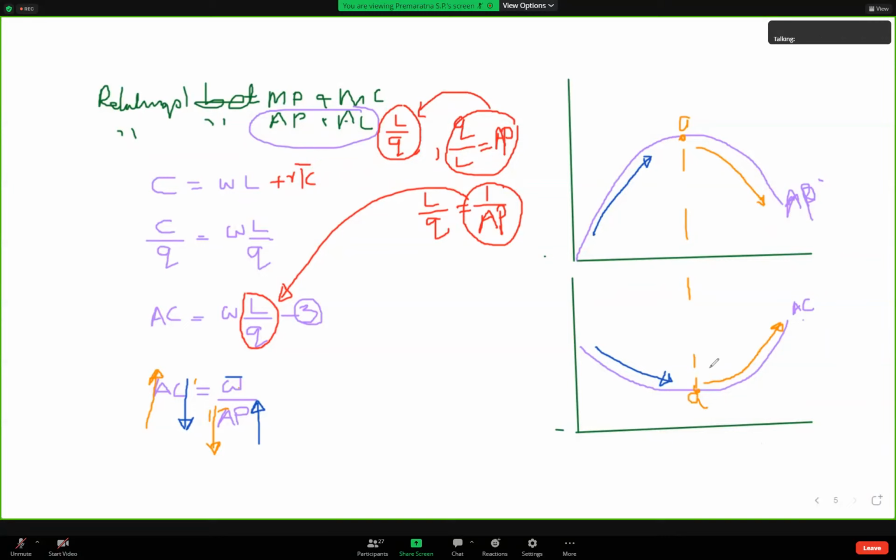Now look at the production side, we understood the long run situation. If you take the long run situation, if you take this range, this happens: increasing returns to scale.